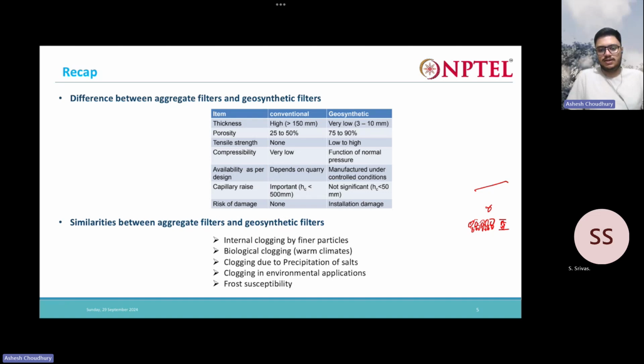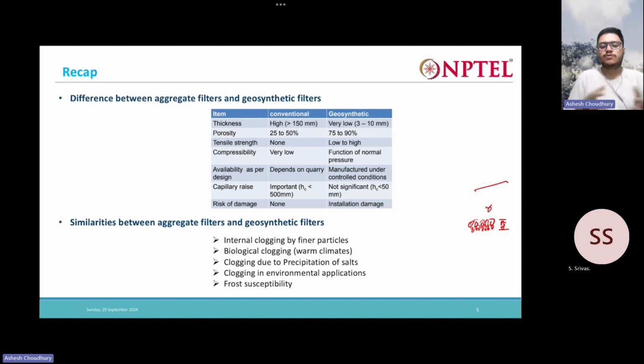Next is biological clogging. In warmer weather, microbes go and form colonies there, due to which the pores get clogged. That is known as biological clogging.